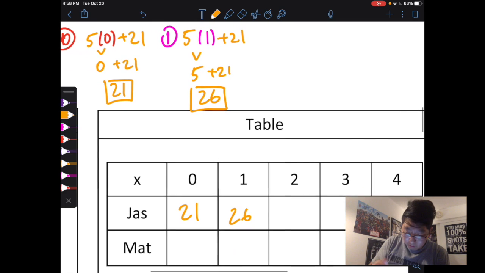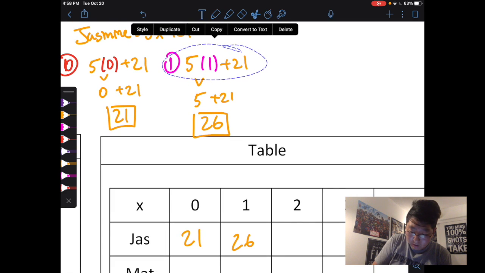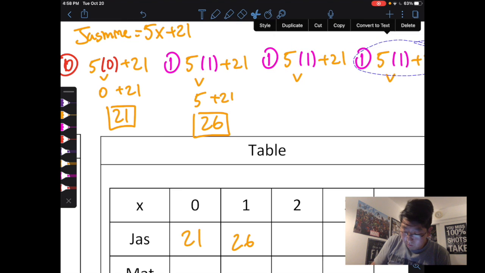Let's keep going. 2. I'm going to do the same thing I did last time. I'm just going to duplicate this.